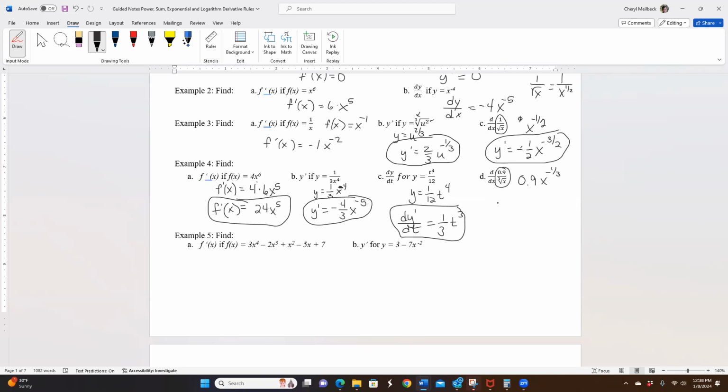Now, taking the derivative of this, dx would equal, we'll take the negative 1/3 times 0.9, and get negative 0.3 x. When we subtract 1 from my exponent, the negative 1/3 minus 3/3 is going to give us a negative 4/3. So that would be our derivative here.